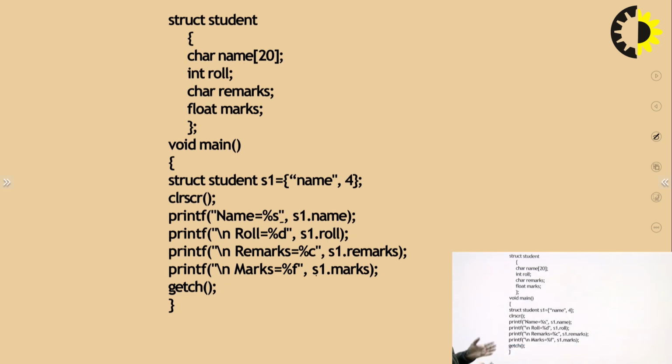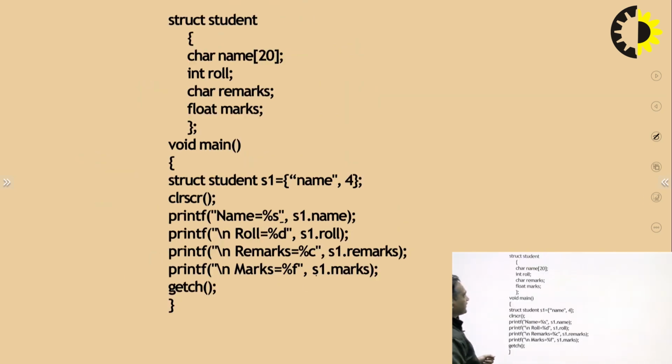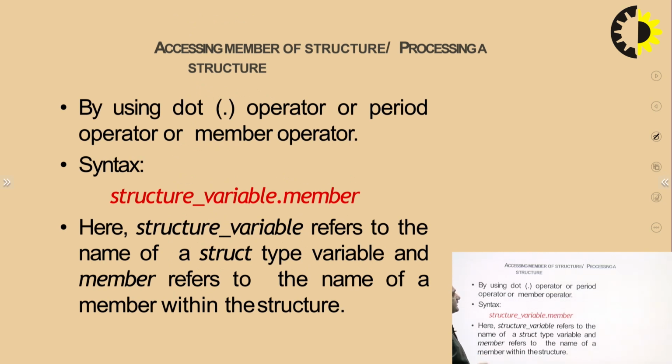This concept is known as partial initialization of the structures. Accessing members of the structures, processing a structure, was already discussed in an earlier topic, using the dot operator. We can access the structure's members or fields using two operators: one is the dot operator and the second is the arrow operator.